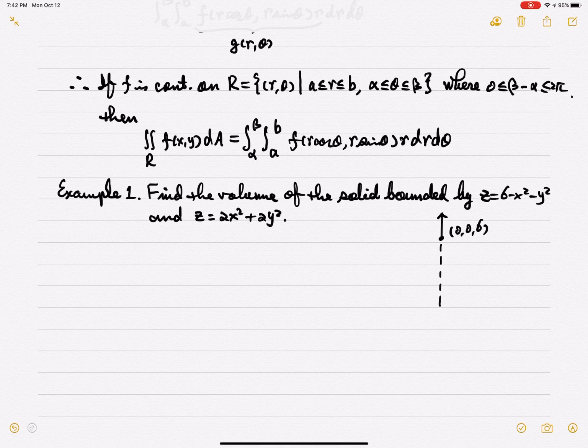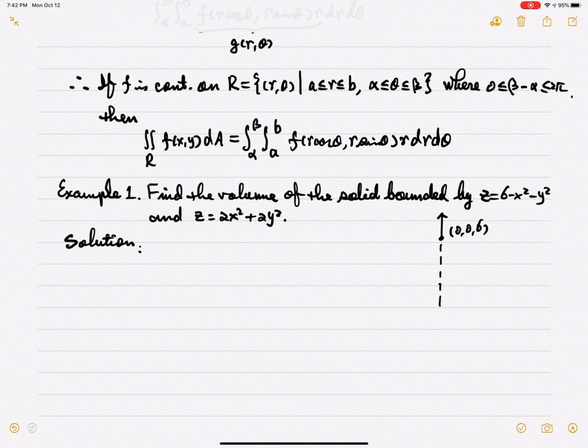Here's 1, 2, 3, about this point. Because those two surfaces form a boundary of a solid.